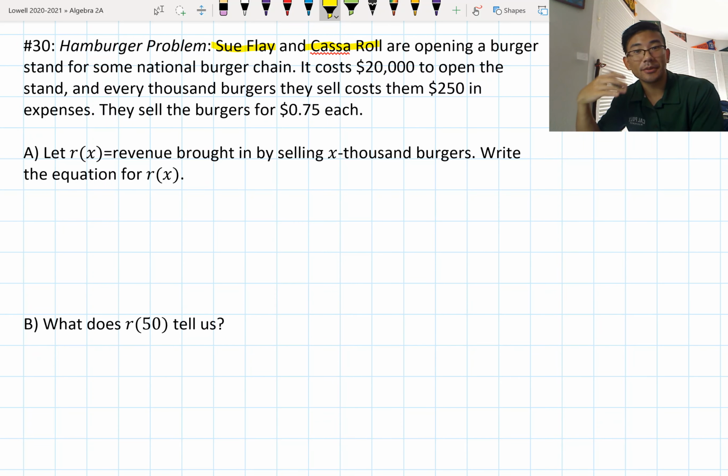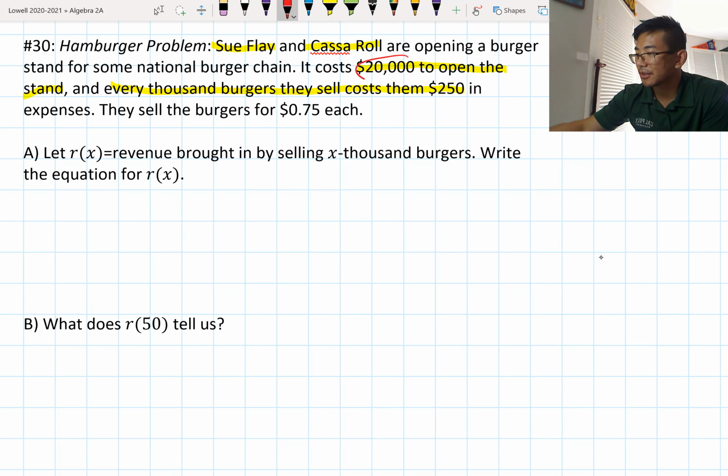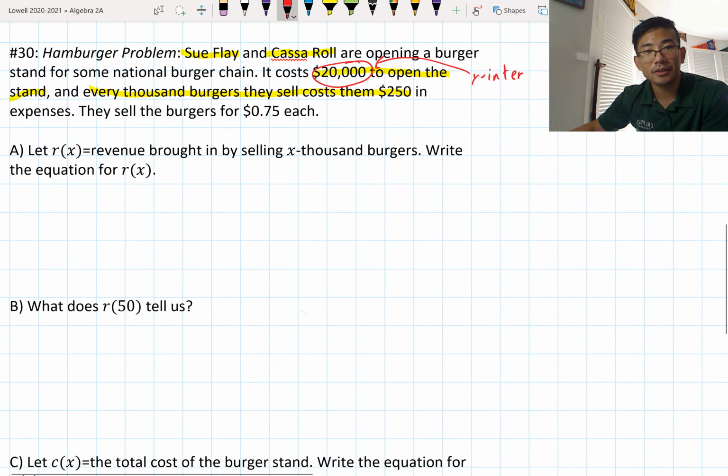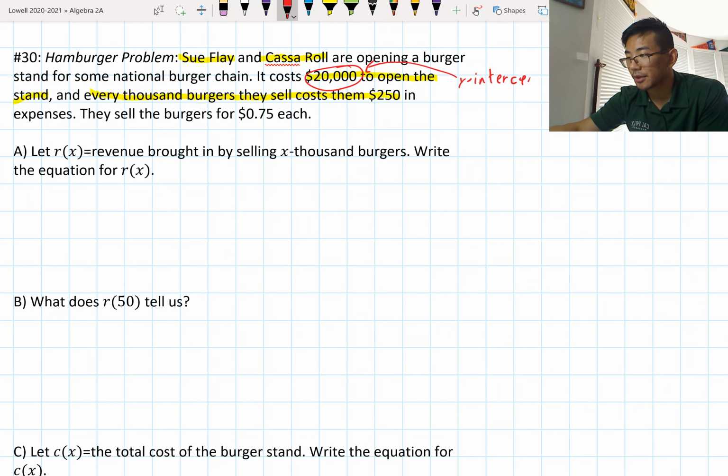But we also know, and this is actually important, the initial cost of the stand is $20,000, plus every 1,000 burgers they sell costs them $250. And so this really tells us $20,000 to open, that's almost always going to be our y-intercept, because that doesn't change.